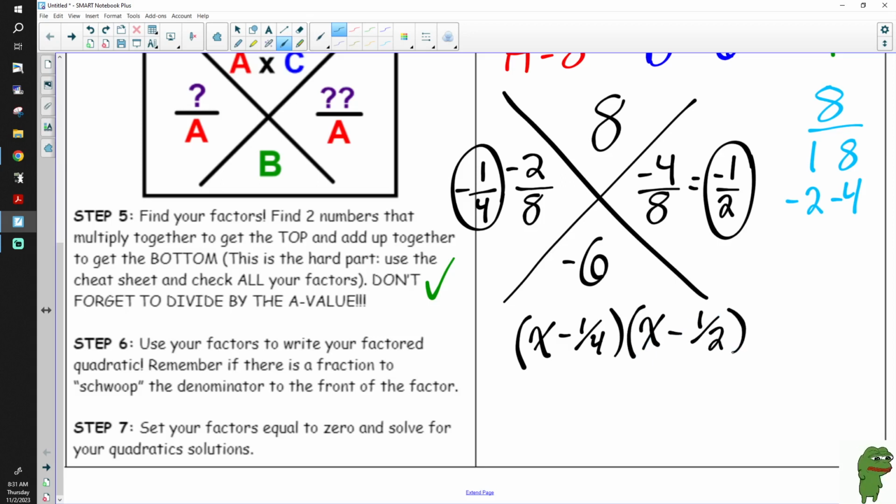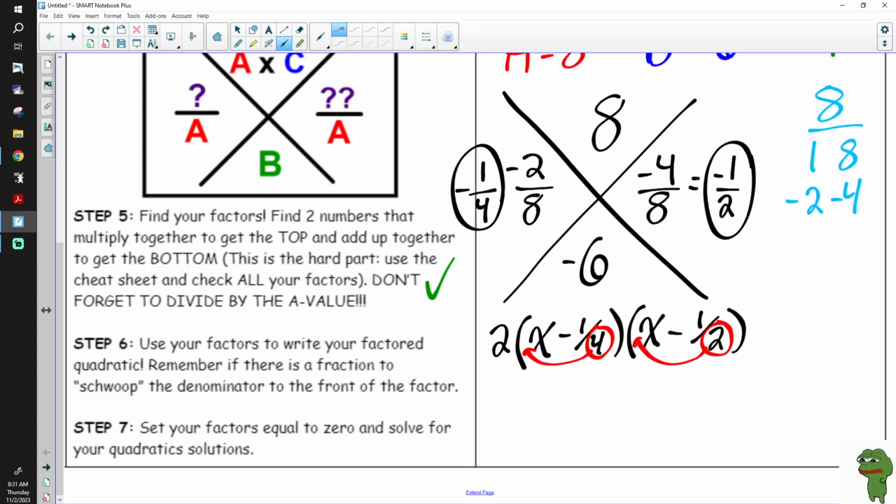We also had a greatest common factor of 2, which goes out in the front. And yes, precisely, we must make sure that we swoop the denominator. You're going to take the bottom number of the fraction and you are going to move it in front of the x.